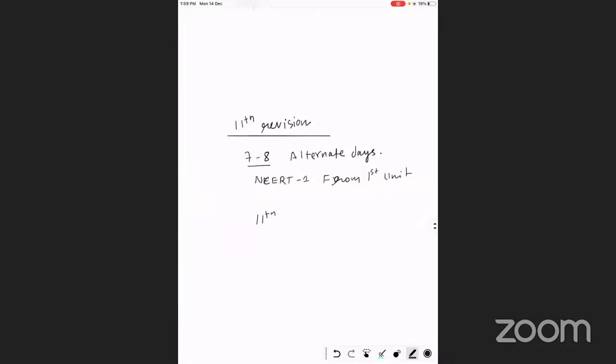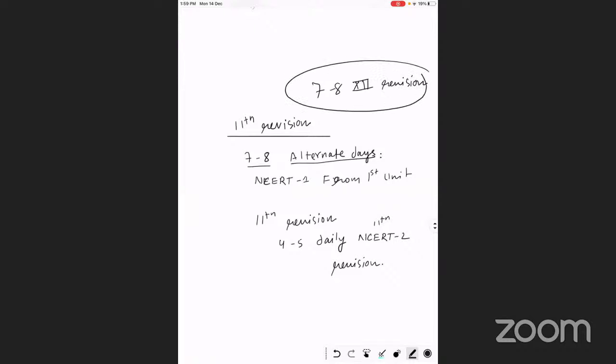And for 11th revision NCERT 2, there will be class 4 to 5 daily. And on the other alternate 3 days, 7 to 8, you will get class 12th revision. Understand? So a lot of new things we are going to do.